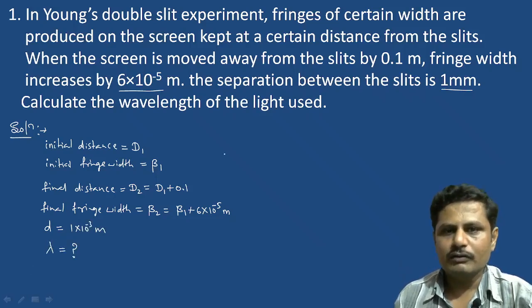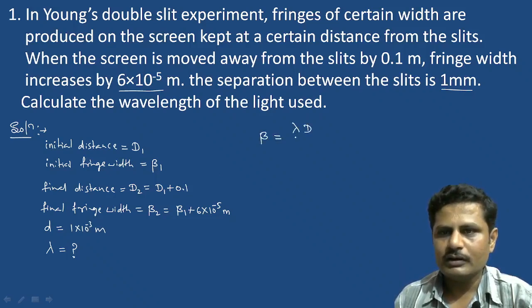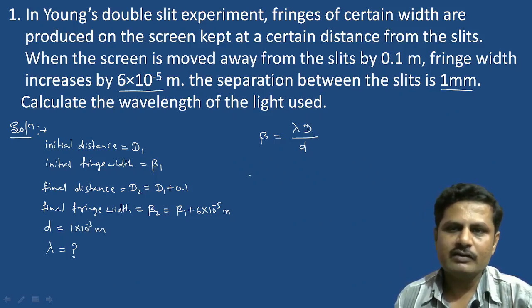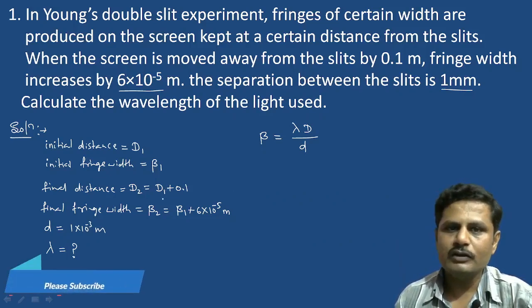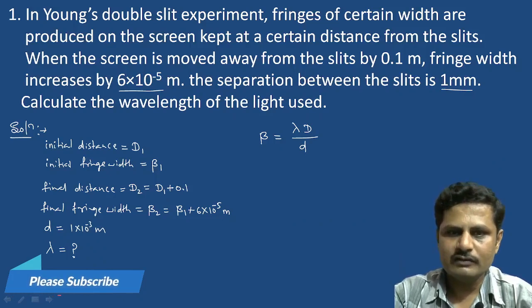As we know, the fringe width beta equals lambda capital D divided by small d, where capital D is the distance between the slits and the screen, small d is the separation between the slits, lambda is the wavelength of the light, and beta is the fringe width. Let me use this formula in the two situations, before and after moving the screen from the slits.